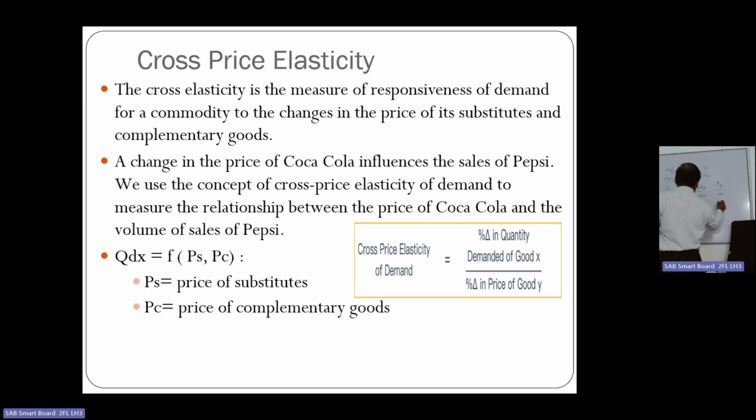When the Pepsi Cola price increases by 25, Coca-Cola demand increases by 200.